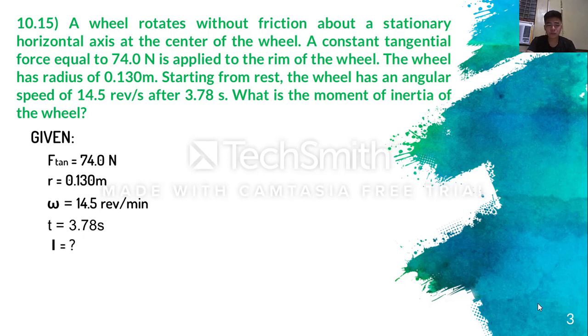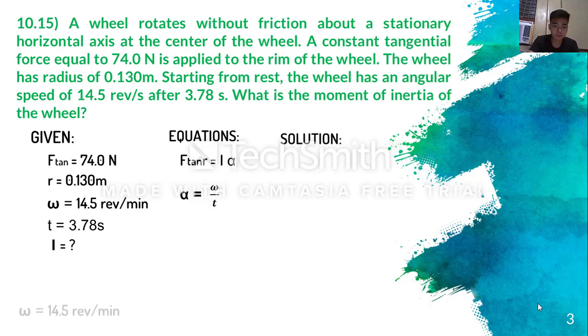So what is our moment of inertia? The equations we need to use in order to find this moment of inertia is F tangential times the radius is equal to the inertia times alpha, or the angular acceleration. And the angular acceleration is equal to omega over t, or angular velocity over time.